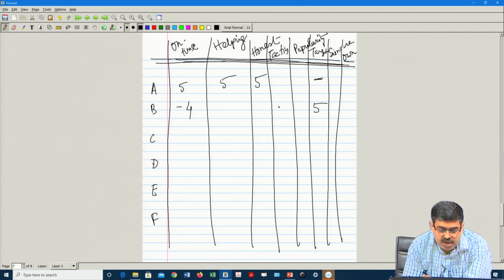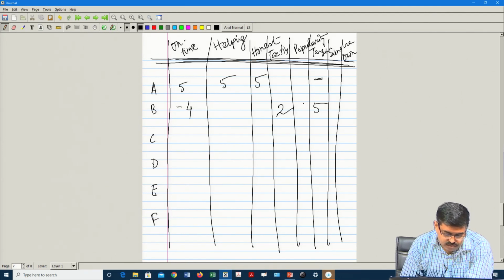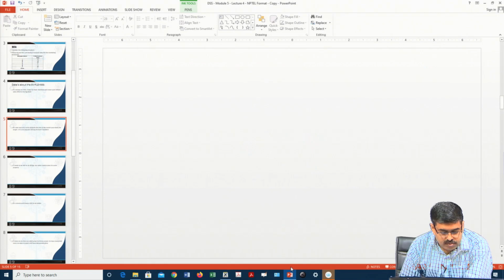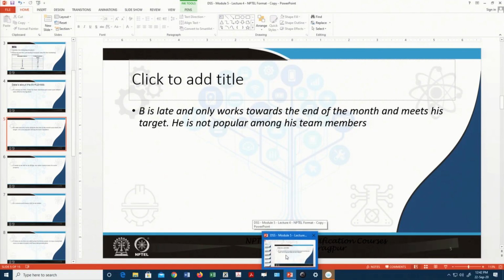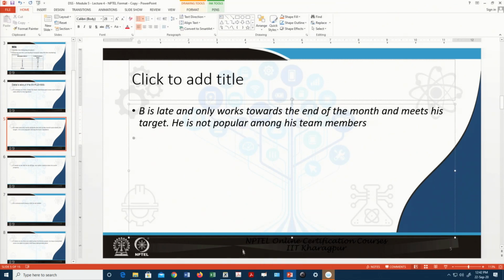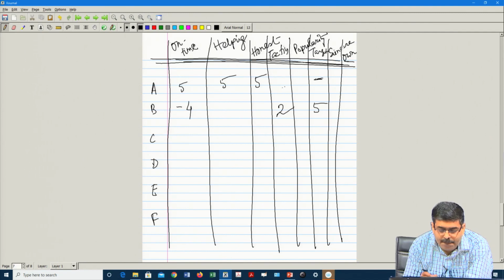Now B meets his target by tactics. So +2. Also, B is not popular. So popularity, B is not popular.